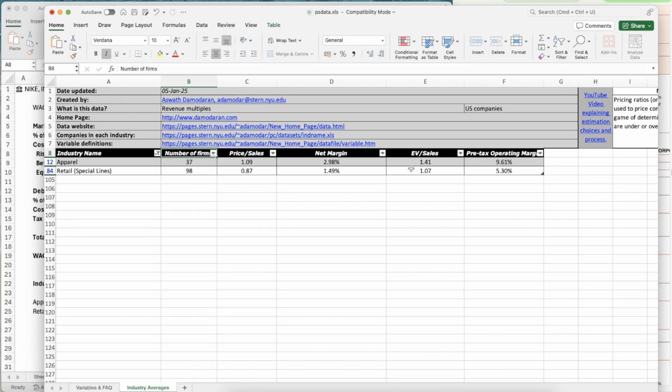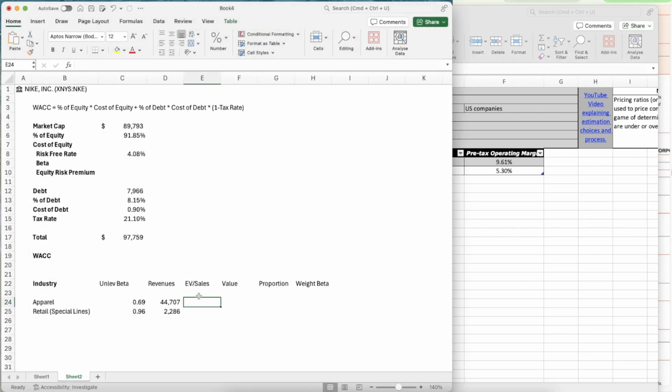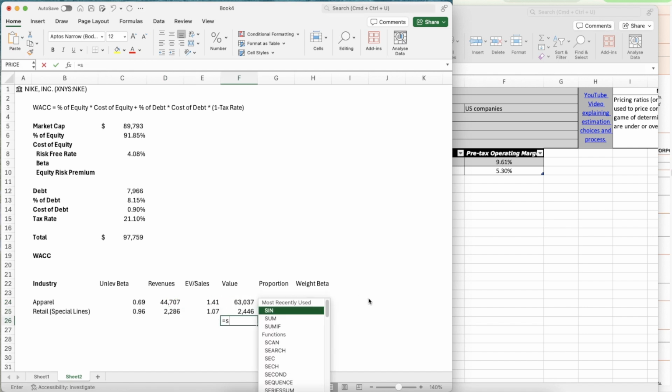And it's this number we want, 1.41 or 1.07. To work out the value of the company, you just go revenues multiplied by the EV to sales. Just copy that down, take the sum of these.